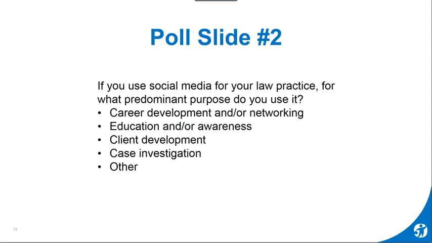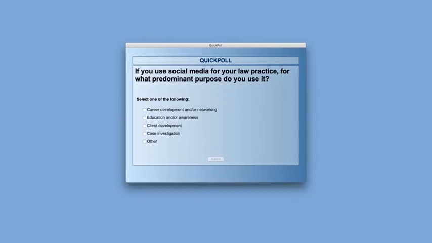But I'm actually going to ask you another question because I want to see how we fare with some previous studies. If you use social media for your law practice, for what predominant purpose do you use it? So predominant purpose, career development and or networking, education and or awareness, client development, case investigation, or other.